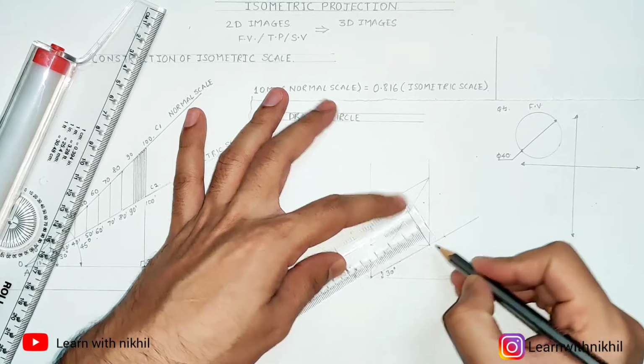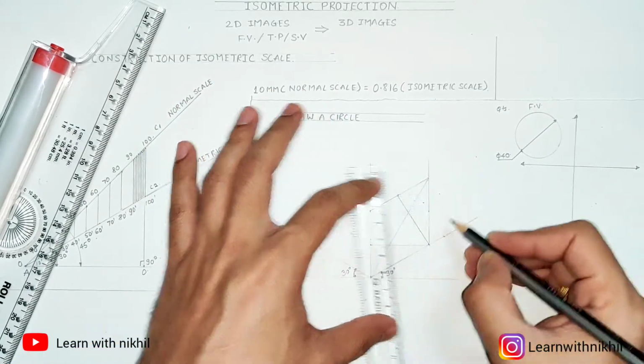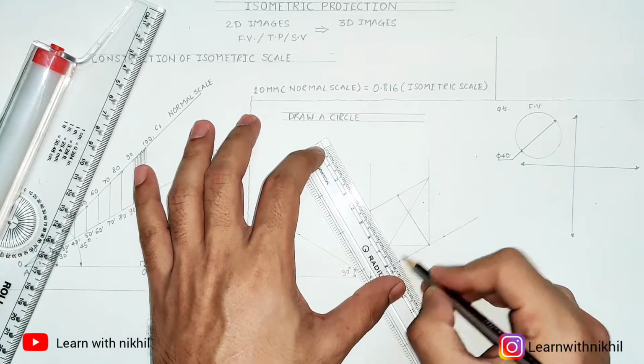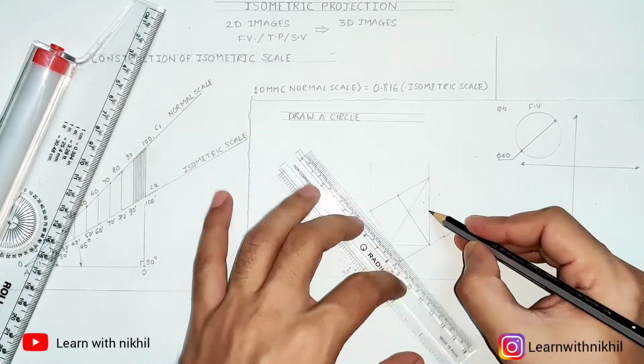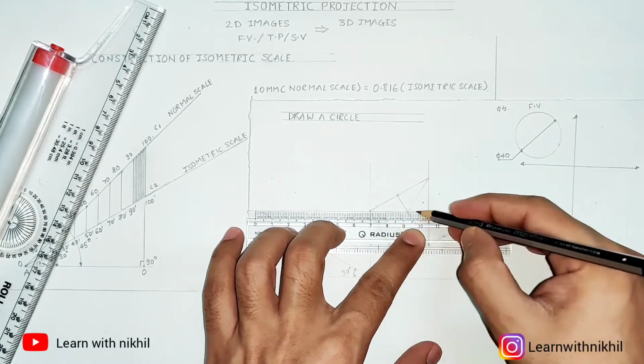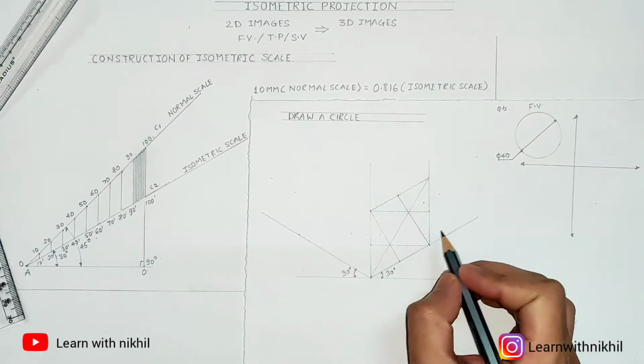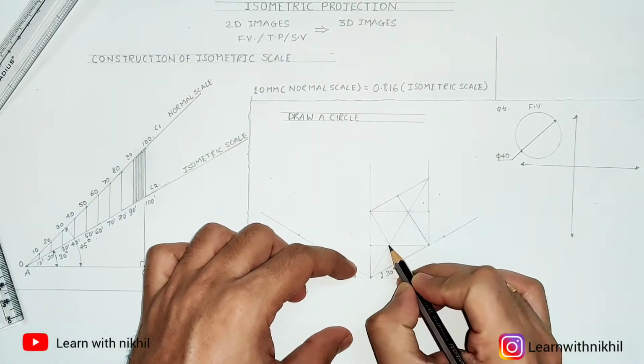Mark the midpoint of this line and mark the midpoint of this line. And from the remaining point, join this.